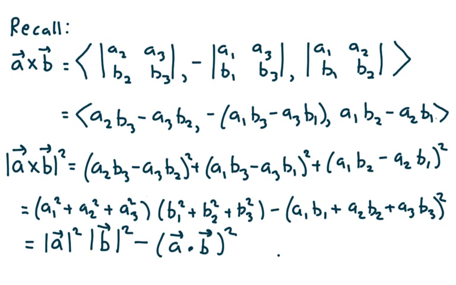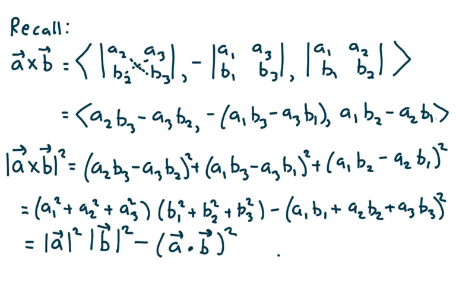The third component is the determinant of the submatrix A1, A2, B1, B2. And this is equal to a vector where the first component is A2 B3 minus A3 B2. This is just how you compute a 2 by 2 determinant. Notice how I took the product of the diagonals and subtracted the results.